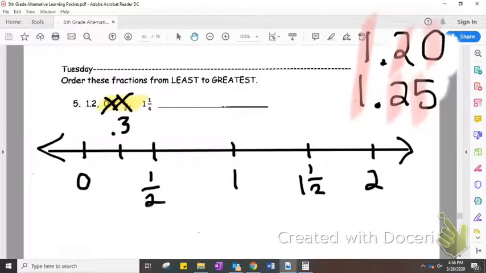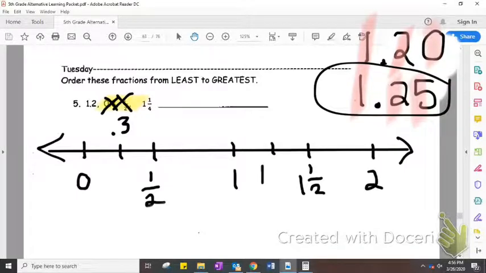Well, 5/100 is more than 0/100, which means that 1 1/4 is greater. 1 1/4 is greater than 1 2/10. Okay.